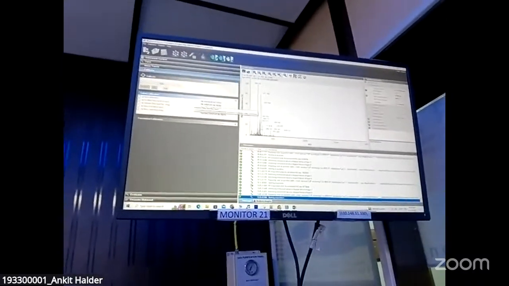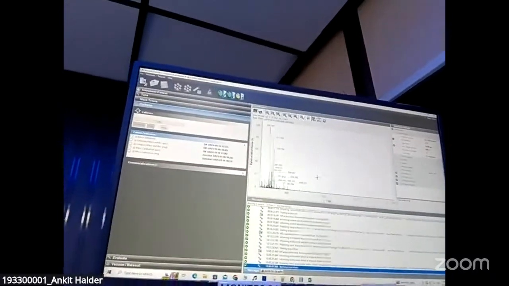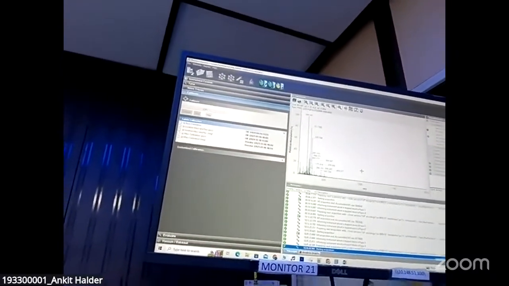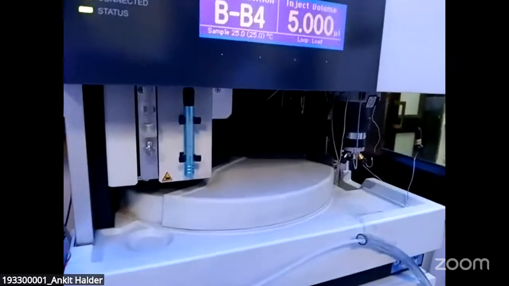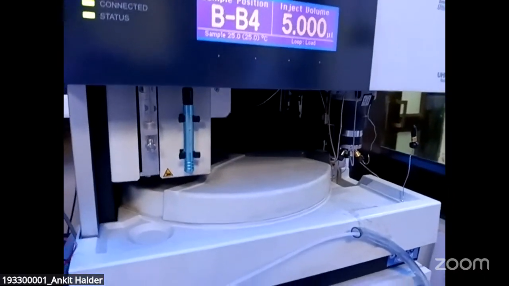Now you can see in the live run how your different ions are getting analyzed. So this was a brief overview of the instrumentation.